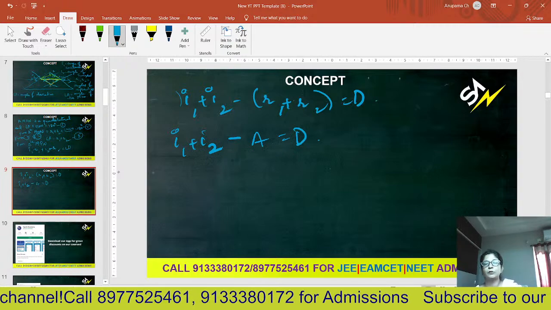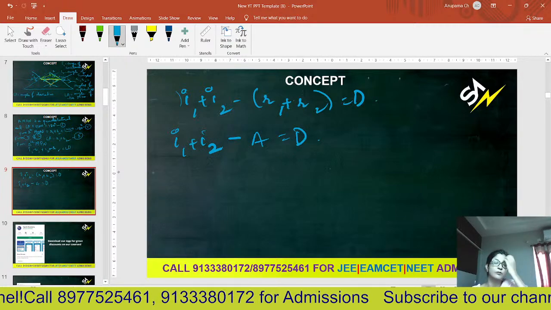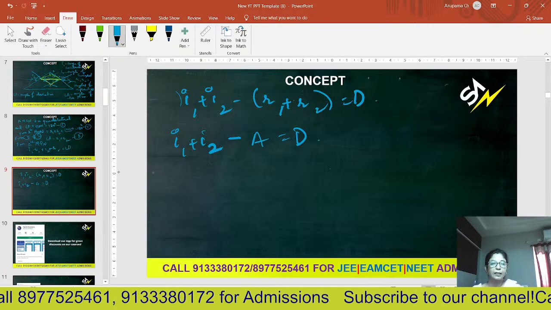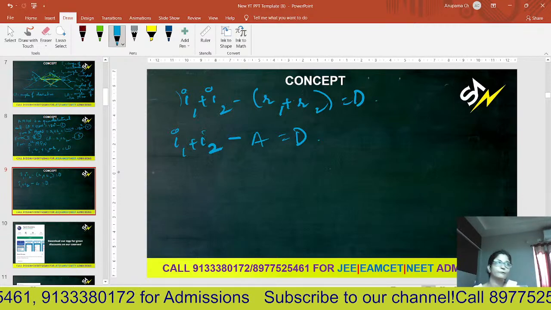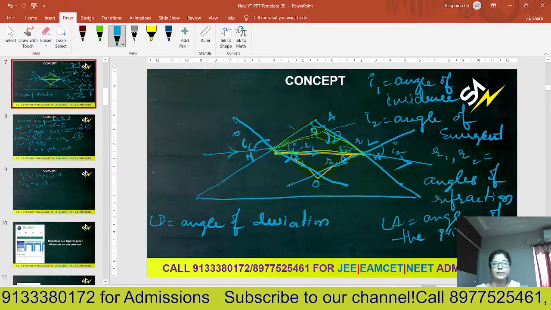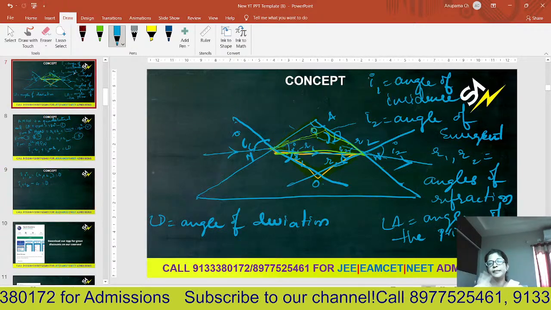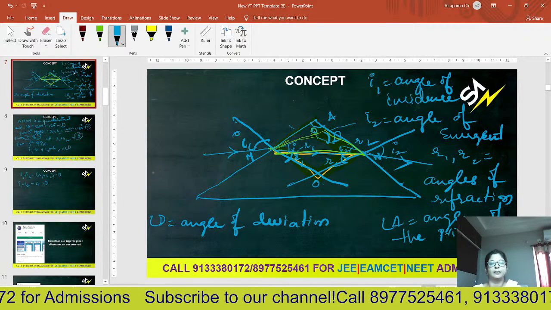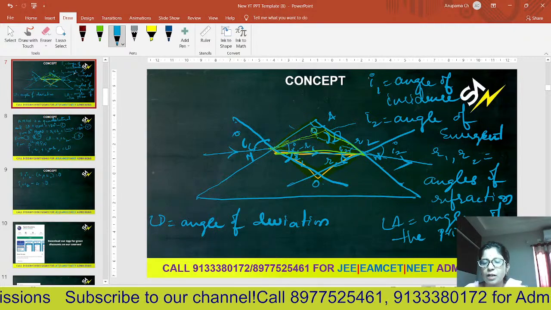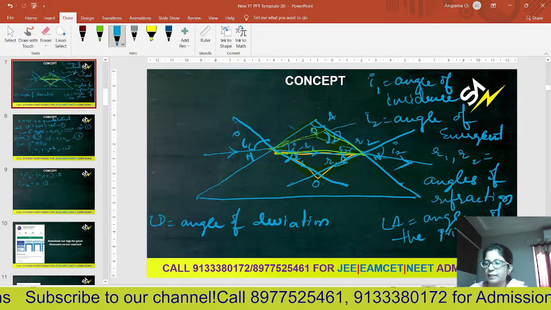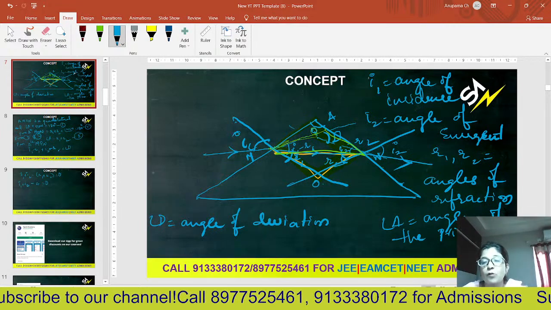Now what we will do is, we will plot a graph. We will choose different angles of I. For different angles of I we get different angles of D also. See, from the figure you can see here, as long as you are changing the I value, the deviation value also changes.